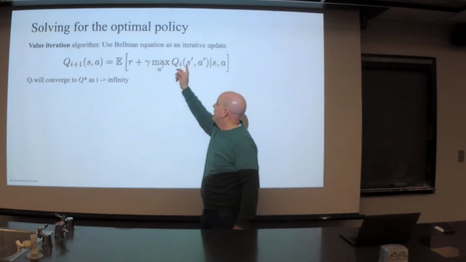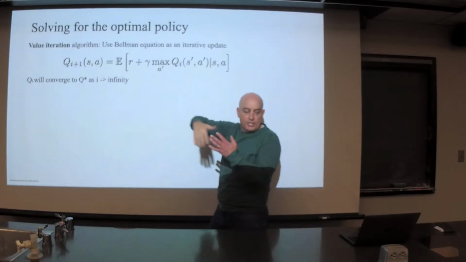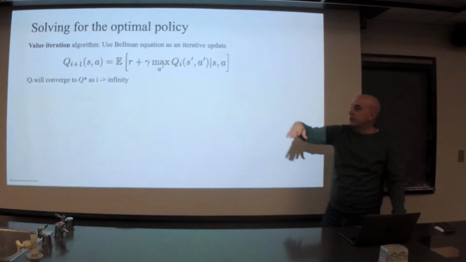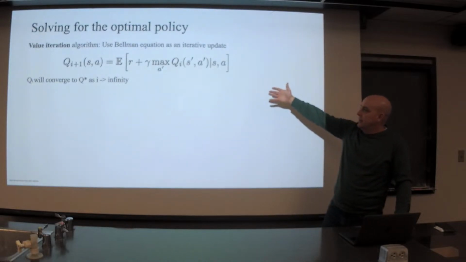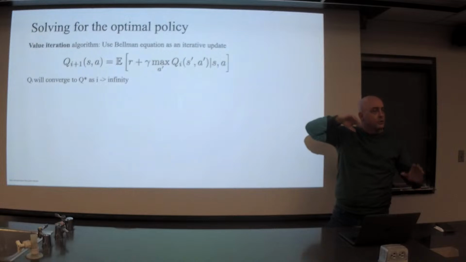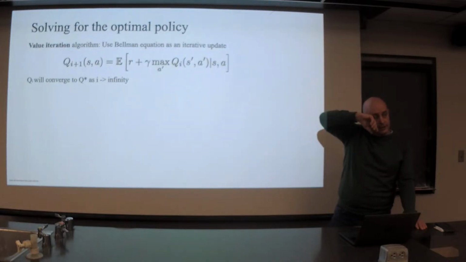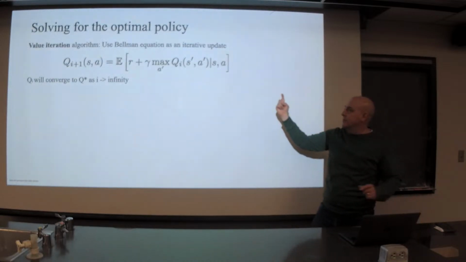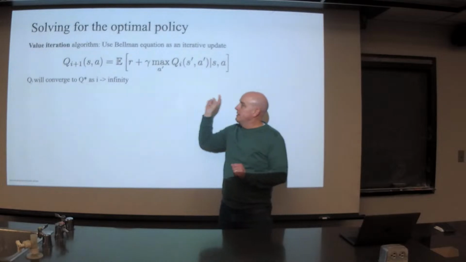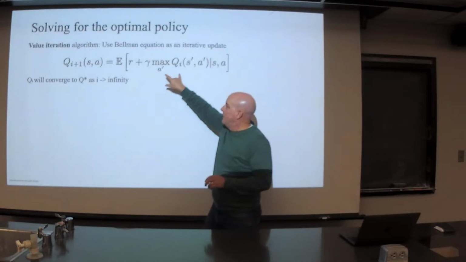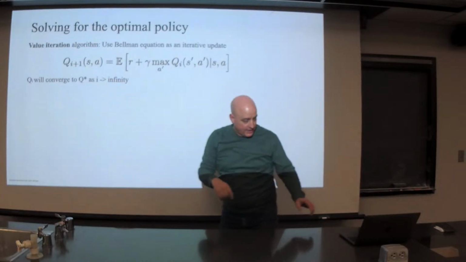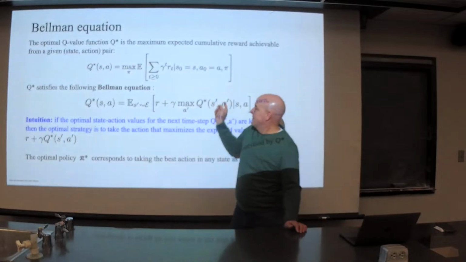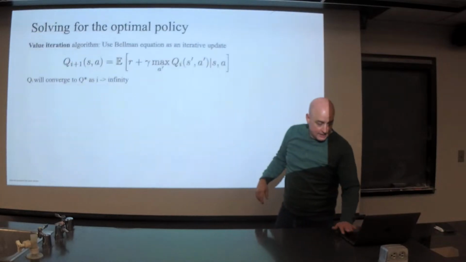We can think about producing a sequence of Q values that converge to the optimal Q value as we iterate this. So notice what this is here. This is this equation right here.